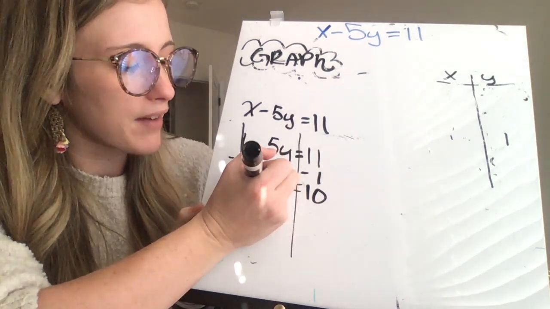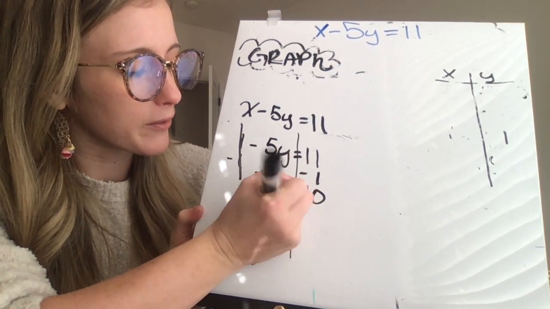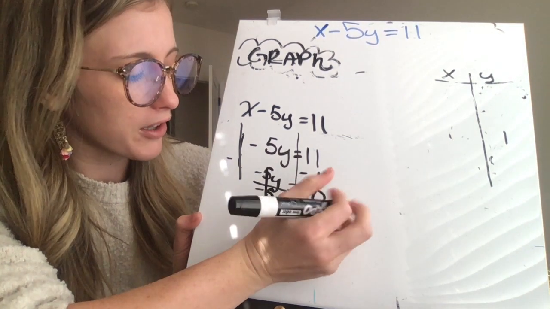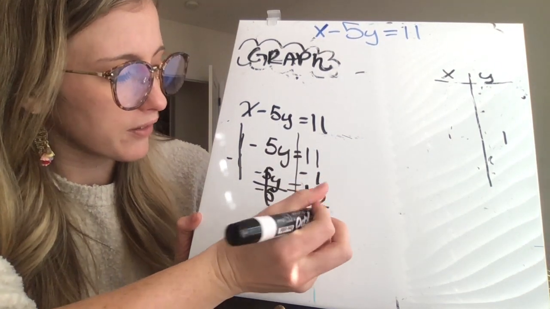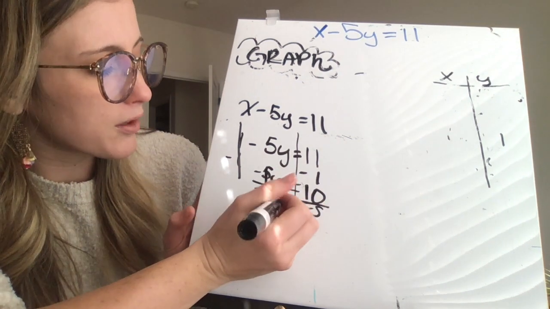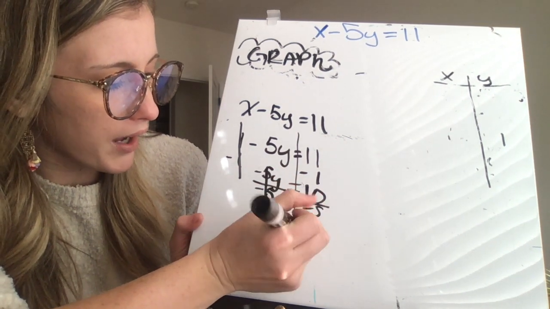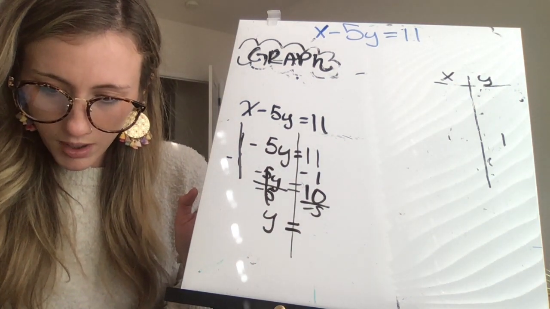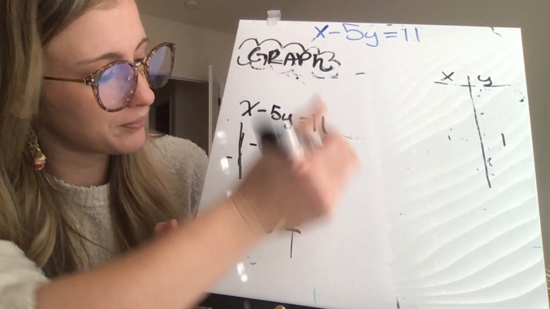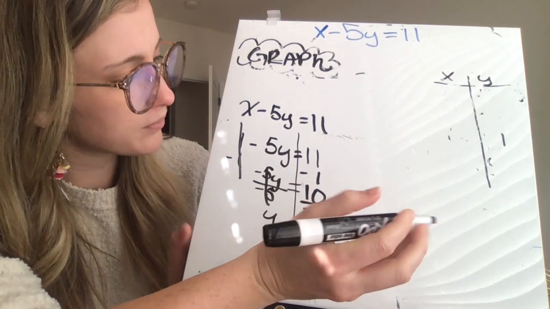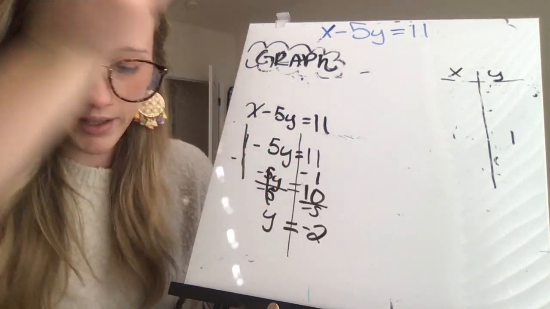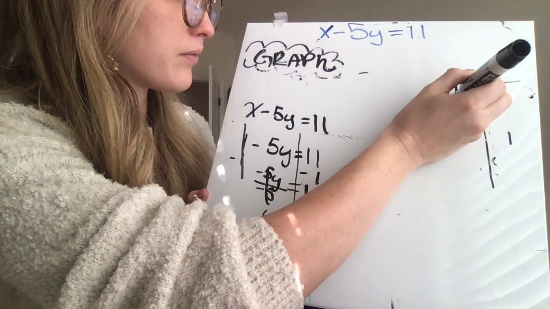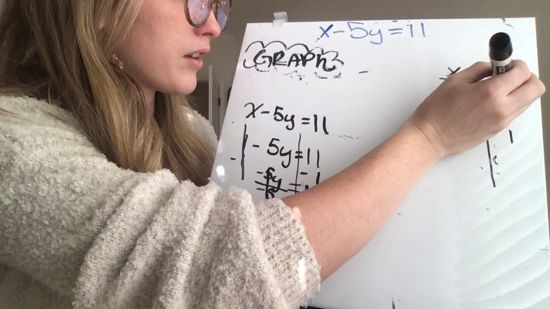This is -5 times y, so we divide by -5 on both sides, and then we have y equals -2. So when x is 1, y is -2.